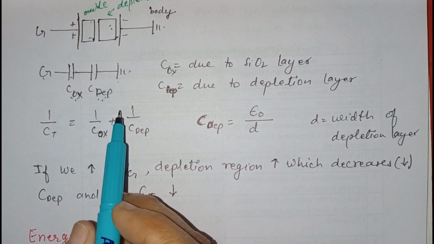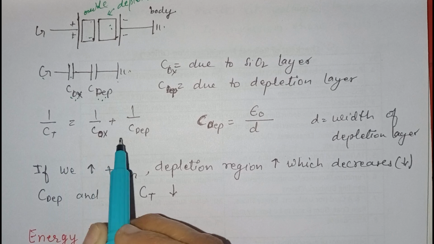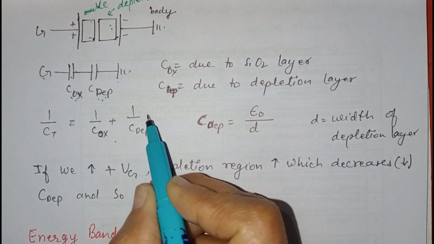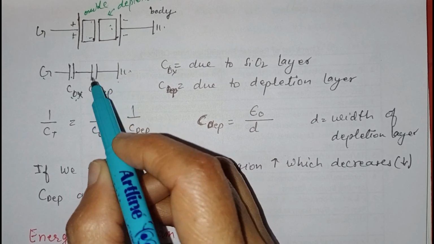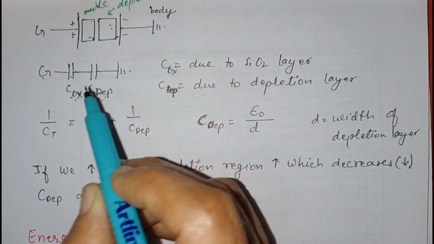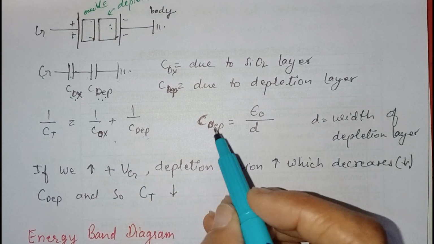As they are coming in series, so we can find out the total capacitance. So the total capacitance is given by this equation. We can see here that this depletion capacitance depends upon the depletion region. If we increase the depletion region by applying more positive voltage, this capacitance will decrease.